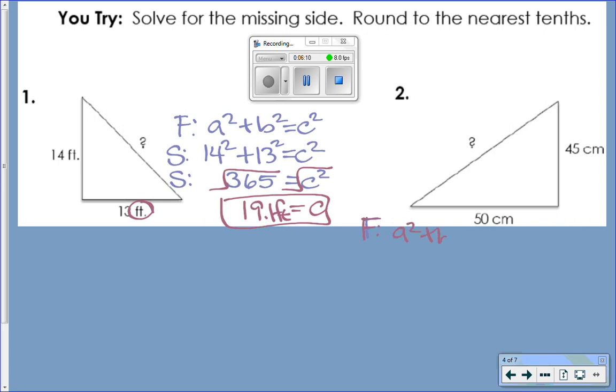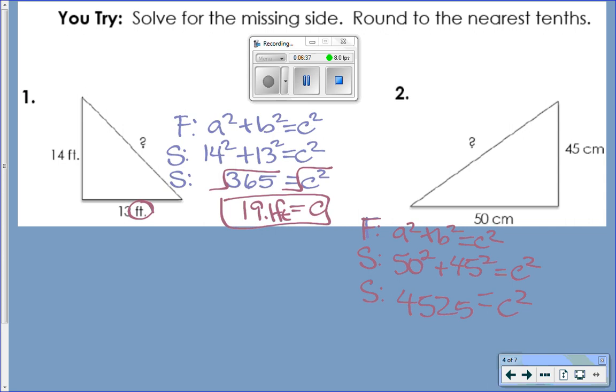All right, and number 2, you were to write your formula. A squared plus b squared equals c squared. And we're going to substitute our numbers in. 50 squared plus 45 squared equals c squared. Now we're going to solve. What is the sum of the squares of the legs? 4,525.